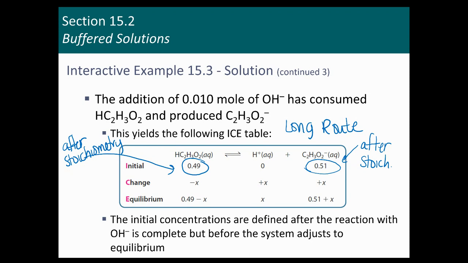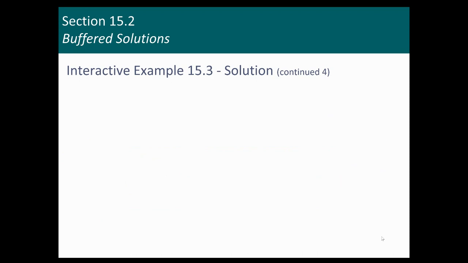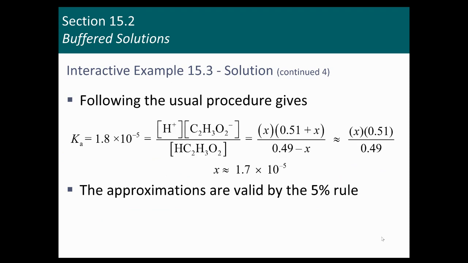Then it ionizes, but remember, X is tiny due to common ion. And then once we have this all set up, you can plug into the Ka expression. So here's X times 0.51 plus X, 0.49 minus X. We ignore X because common ion is going to tell us that it's very small ionization. X will equal 1.7 times 10 to the negative 5.